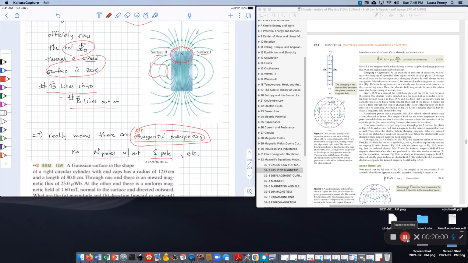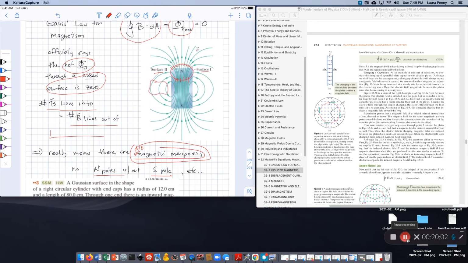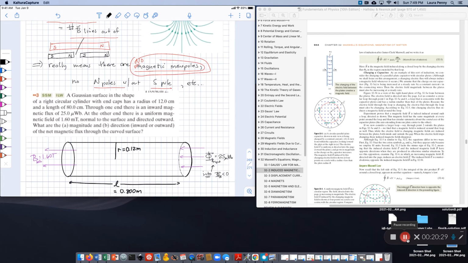If you took a bar magnet and cut it in half, now you have two bar magnets, and all of a sudden this side becomes a south and this side becomes a north. You can't just get a north end of a magnet. If you cut a magnet in half, you have two magnets which are shorter than before. So you can't have a magnetic monopole.